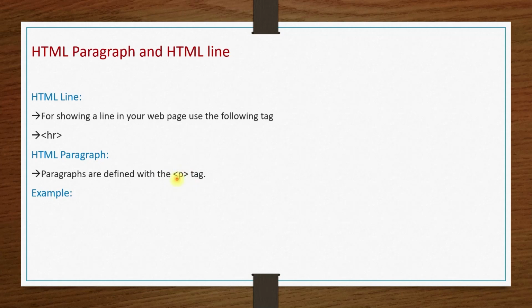If you want to make a paragraph, you have to use this tag. There's an example. In this example, you open the P tag, you close the P tag. The names are the same, but for closing a tag, you have to put a forward slash.